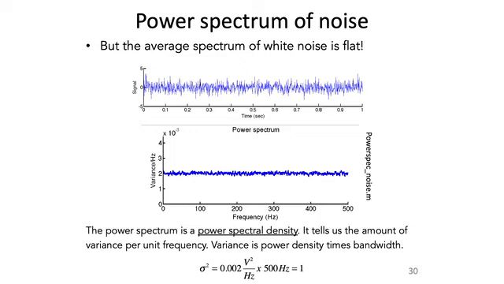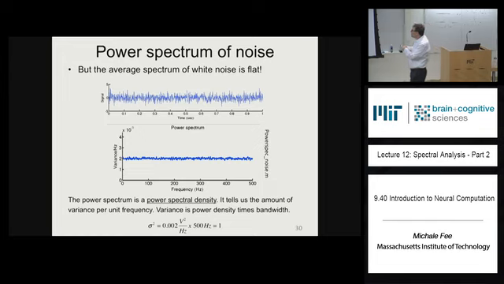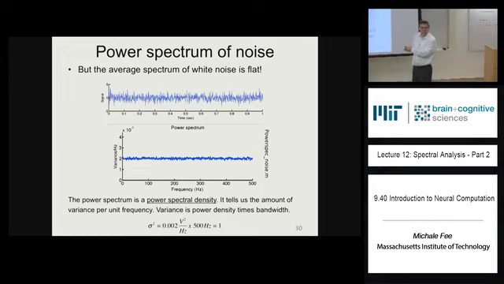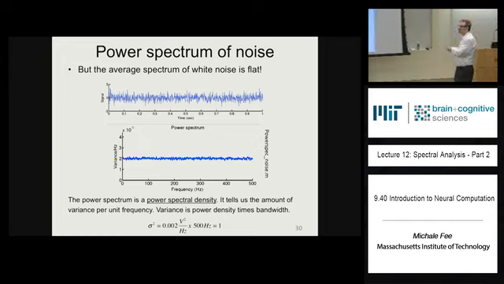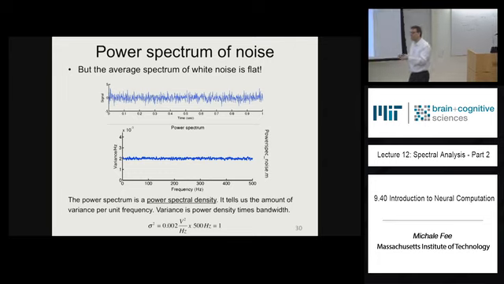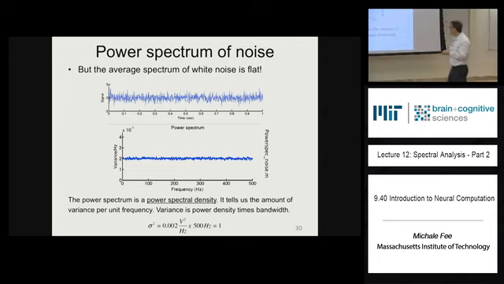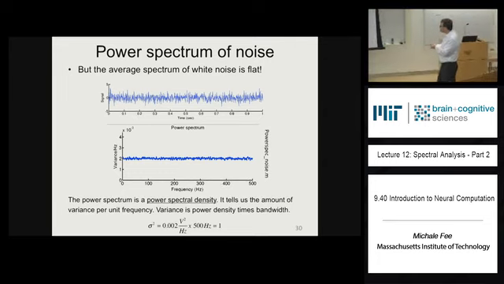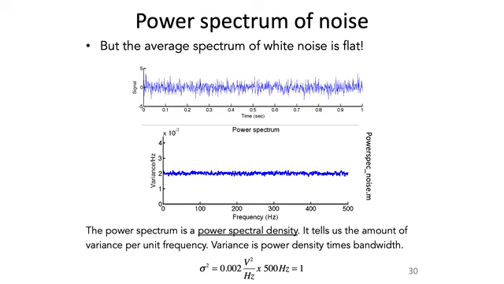And the units here are variance per unit frequency. Variance per frequency. Or if it were an electrical signal going through a resistor, it would be power per unit frequency. Okay? So you can see that the value here is 0.002. The bandwidth of this signal is 500 hertz.